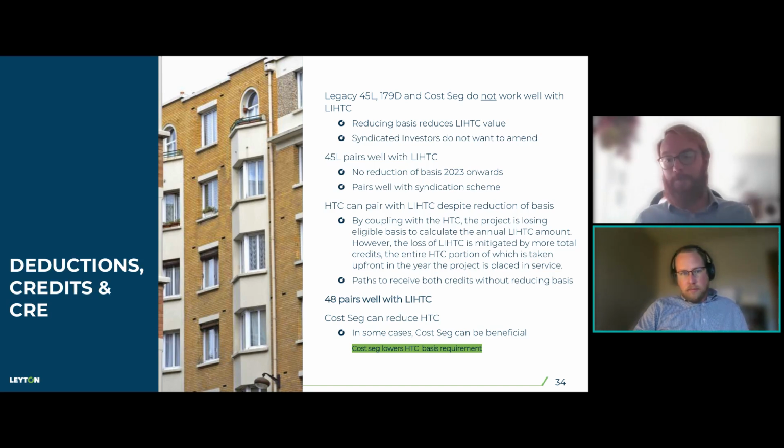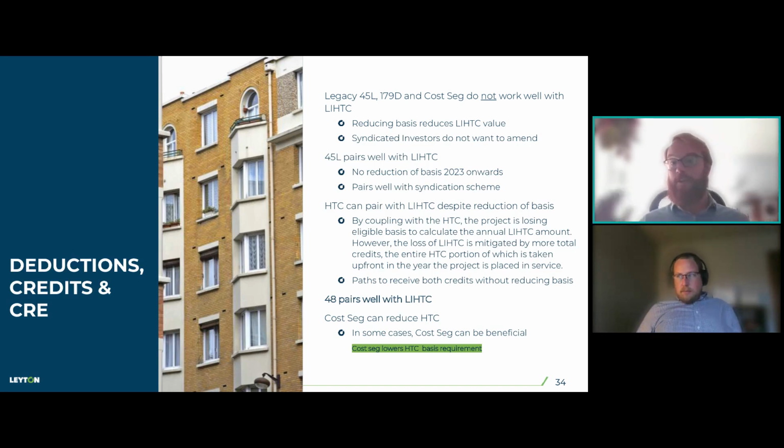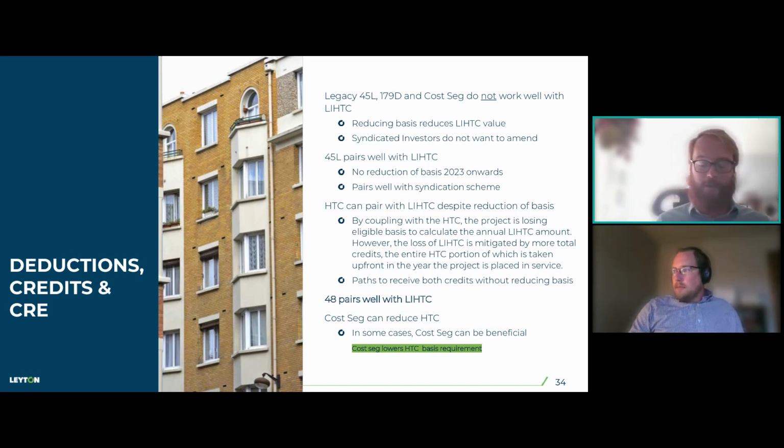Yeah, okay. So we kind of talked about a bunch of different tax credits and everything here, and we're just going to try to give you guys a bit of a wrap up here. So high level, Legacy 45L, 179D deduction, which we didn't speak about, but if you're familiar with it, and cost segregation do not work well with LIHTC. They all reduce basis, which, since the LIHTC credit is determined by qualifying basis, it would reduce the LIHTC value.